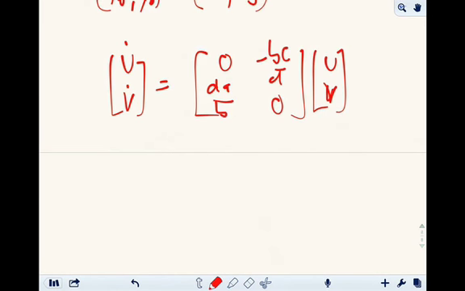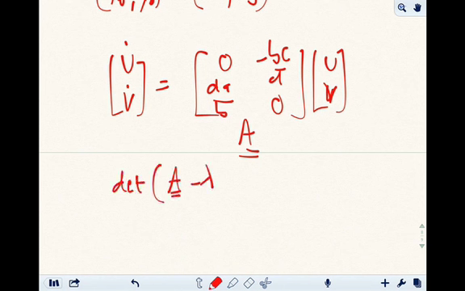The eigenvalues of this are going to be, remember, eigenvalues of our matrix A come from solving for the determinant of A minus lambda I, where I is the identity matrix. We set that equal to 0.